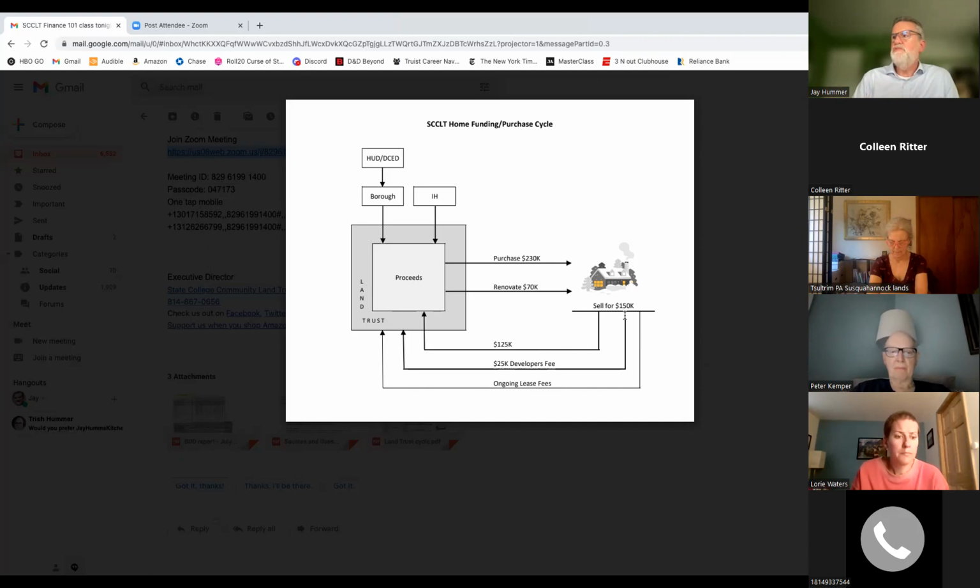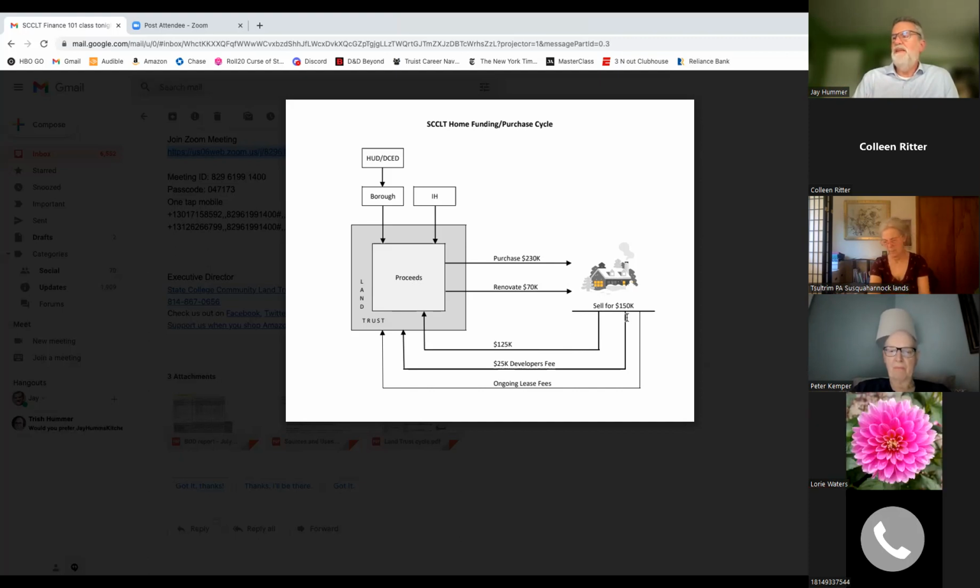And then say $25,000 of those proceeds is the developer's fee. The people putting money in our proceeds bucket realize that we're an organization and we've got overhead and people and expenses. So we're allowed to accept a developer's fee because we're really the developer of that project.